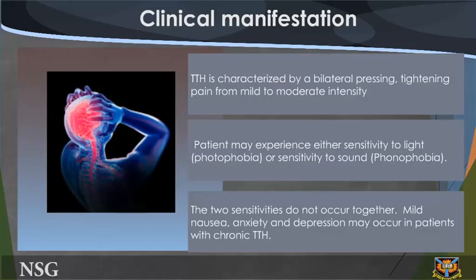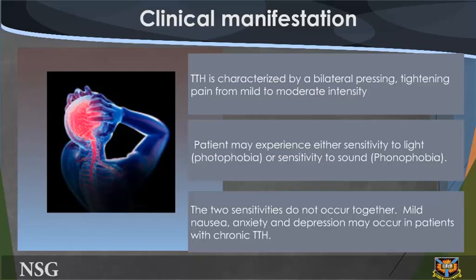Clinical manifestation. This is characterized by a bilateral pressing, tightening pain from mild to moderate intensity. Patients may experience either sensitivity to light, photophobia, or sensitivity to sound, phonophobia. The two sensitivities do not occur together.